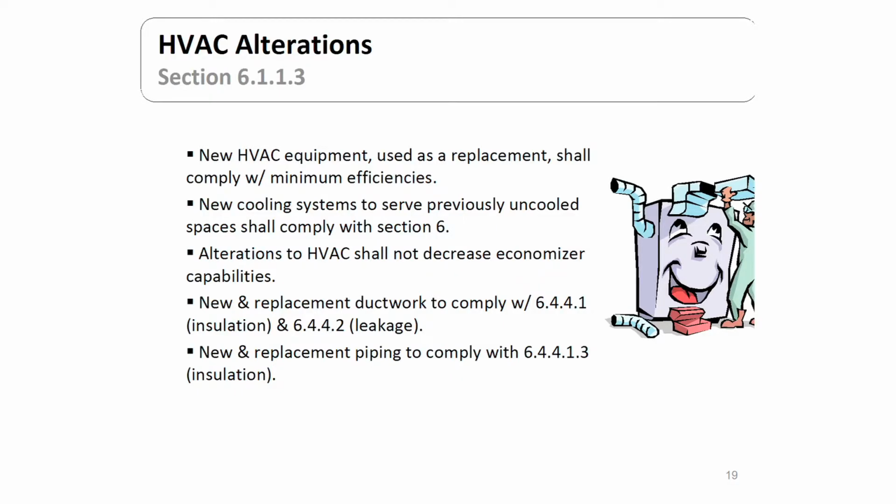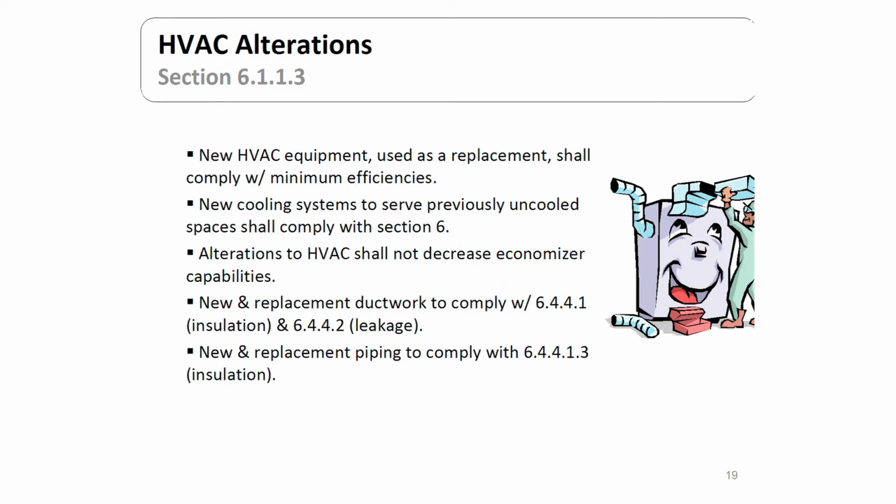A little section here on alterations. New HVAC equipment used as a replacement does have to comply with the minimum efficiencies that are in the standard. Any new cooling system that serves previously uncooled spaces has to comply with Section 6, which is the section we're just summing up right now.